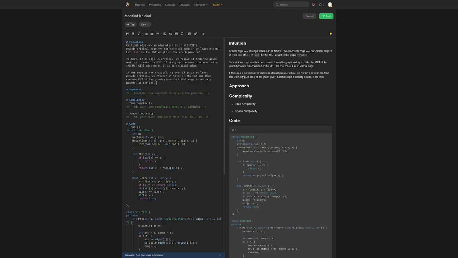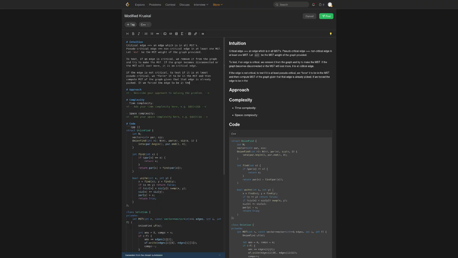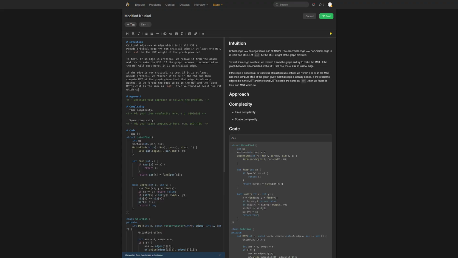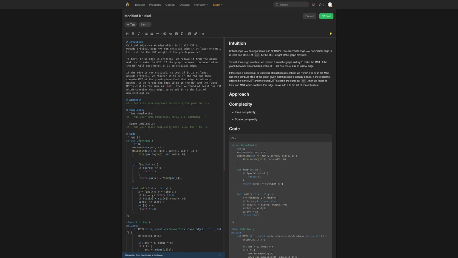If we forced the edge to be in the MST and the found MST's cost is the same as the original, then we found at least one MST which contains that edge, so we add it to the list of pseudo-critical edges. Nice.